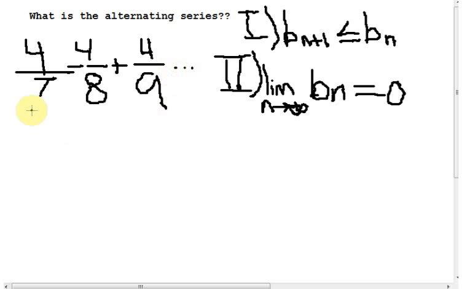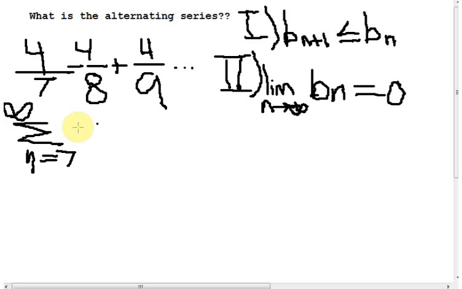So the first step here would be to put this into sigma notation, so it'd be easier to find bn. So it looks like this series starts at 7. From 7 to infinity.